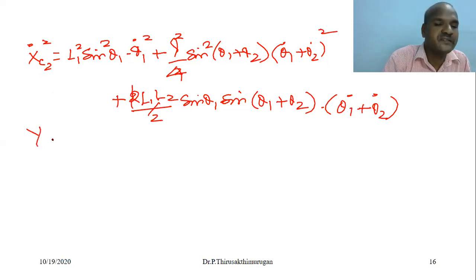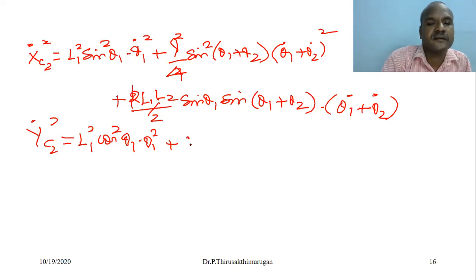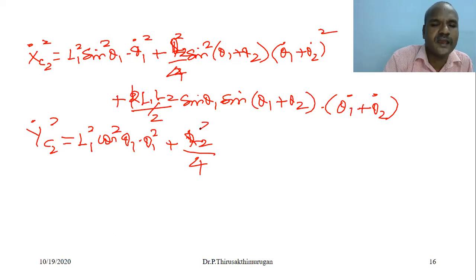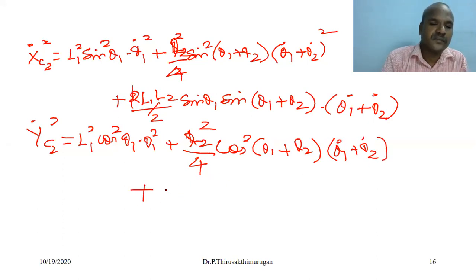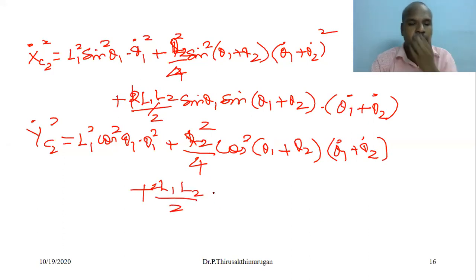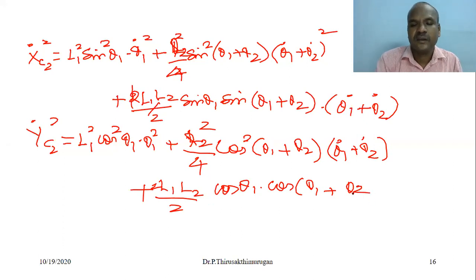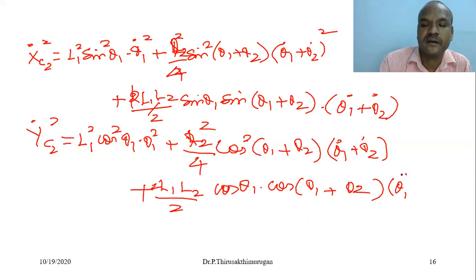Okay, similarly yc2 square dot L1 square cos square theta 1 into theta 1 dot square plus L2 square cos square (theta 1 plus theta 2) into (theta 1 dot plus theta 2 dot) square plus 2 L1 L2 by 2 cos theta 1 cos (theta 1 plus theta 2) into theta 1 dot.